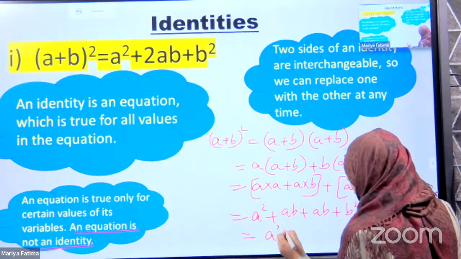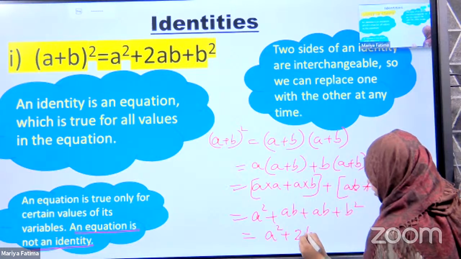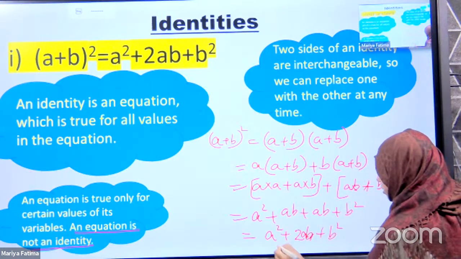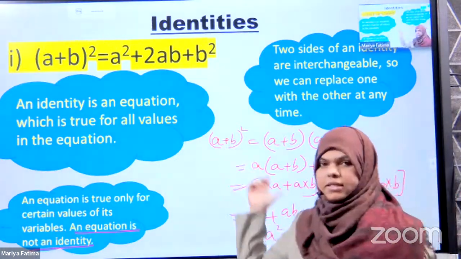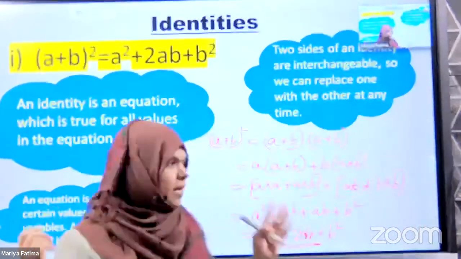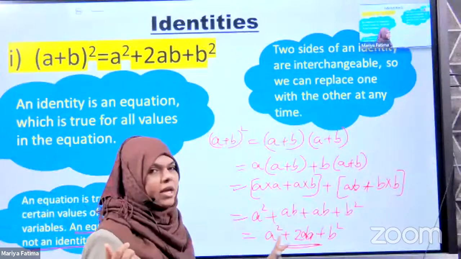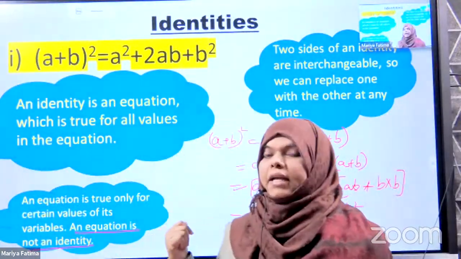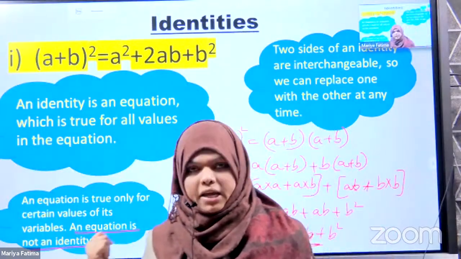So it will become A square plus 2AB plus B square. So this is the proof of this. A plus B whole square will be equal to A square plus 2AB plus B square. This is called an identity of an algebraic expression.